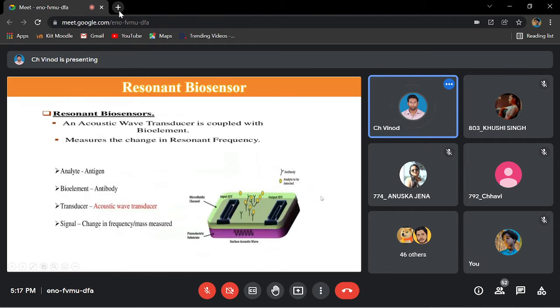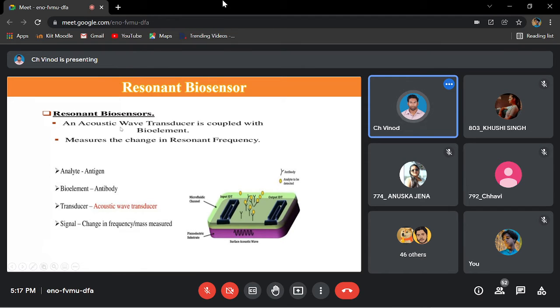Okay, so the first one is the resonant biosensor, which means that when your analyte and your bioelement bind to each other, they bring about a change in the surface wave acoustics. That is called resonance. Initially, the wave frequency with respect to the device frequency is in a match.